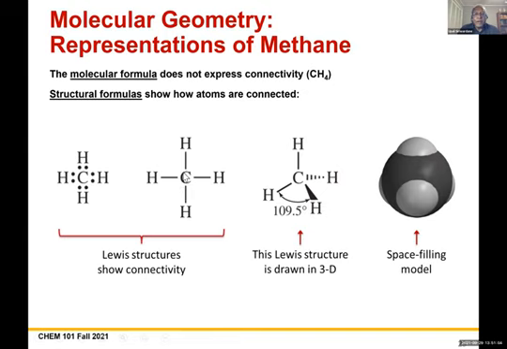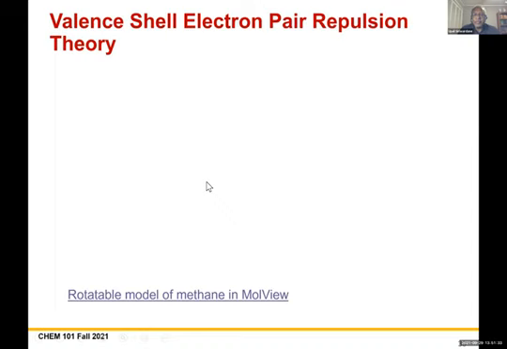So carbon has an octet of electrons, 4 bonding pairs. Now to predict the geometry of methane: connectivity is shown in the Lewis structure, but exactly what angles are between these carbon-hydrogen bonds is not shown here.